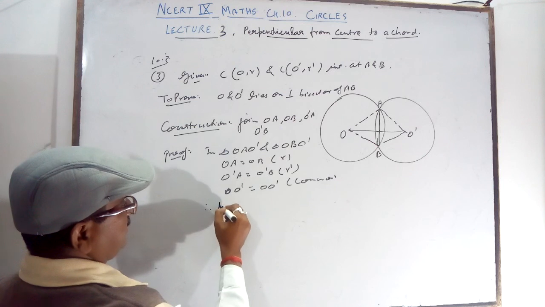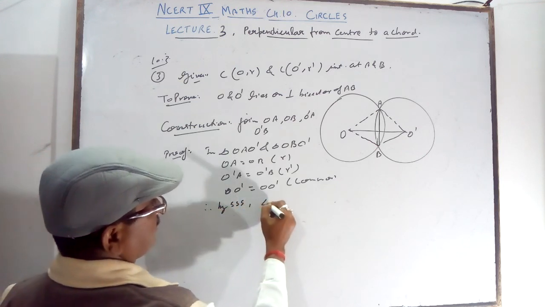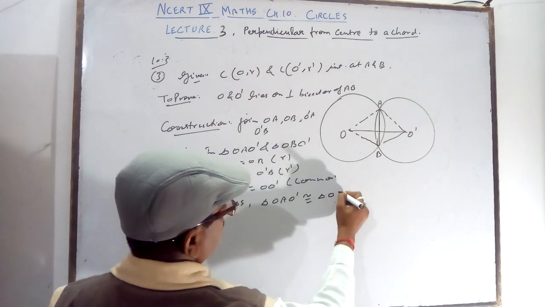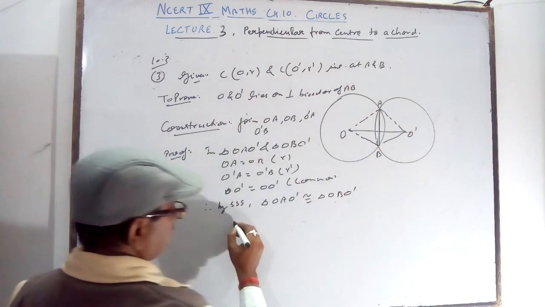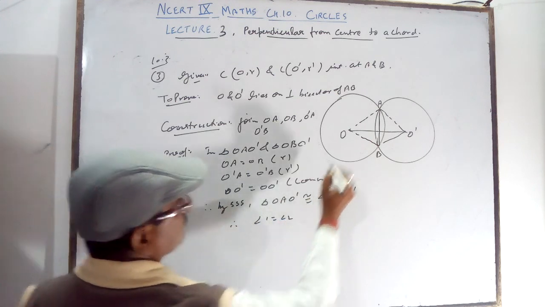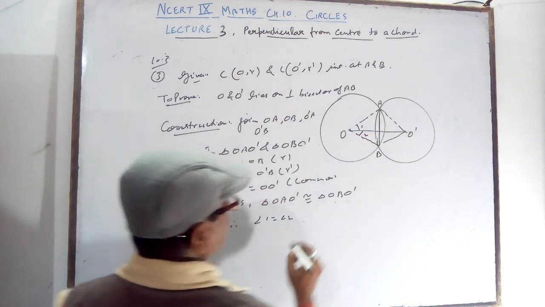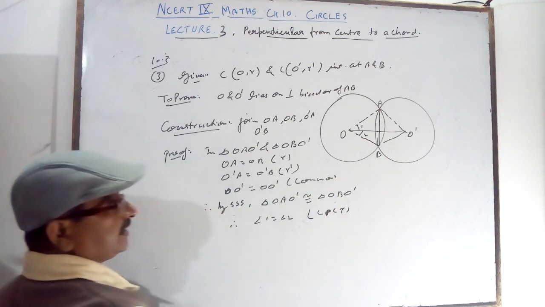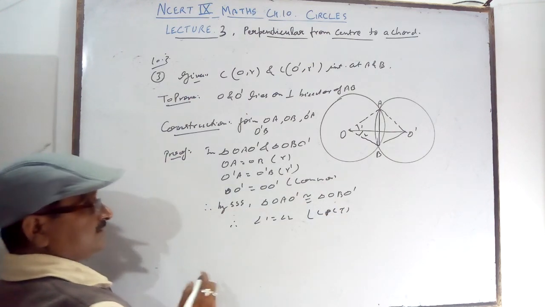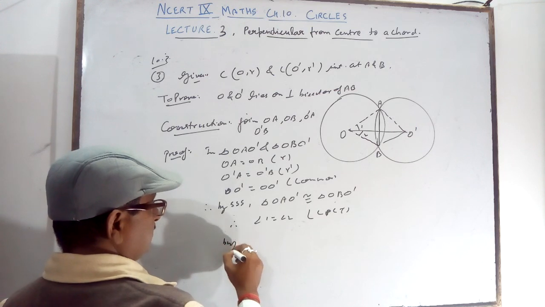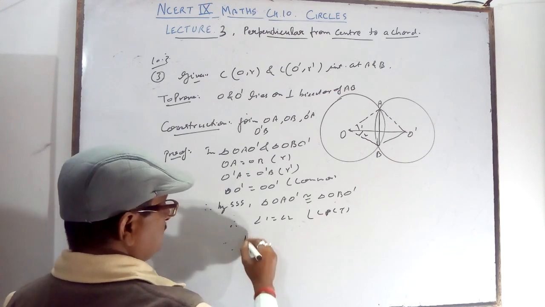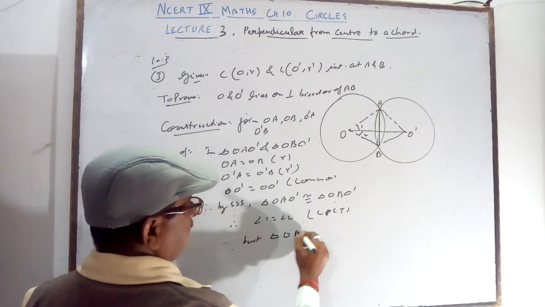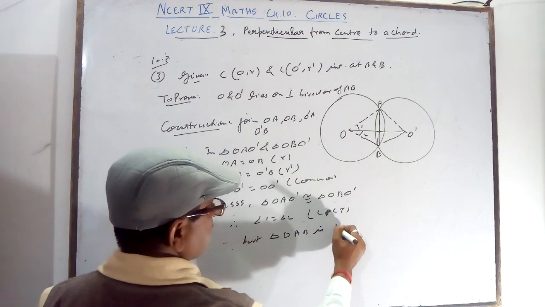So by SSS congruency, triangle OAO dash is congruent to triangle OBO dash. So angle 1 is equal to angle 2 by CPCT. But you can do it in short form: triangle OAB is an isosceles triangle.